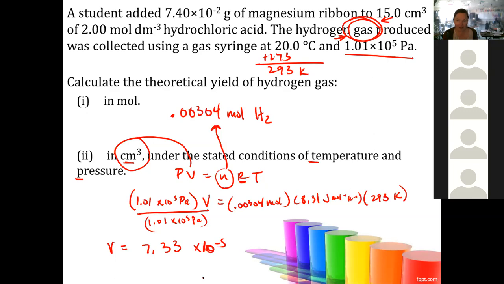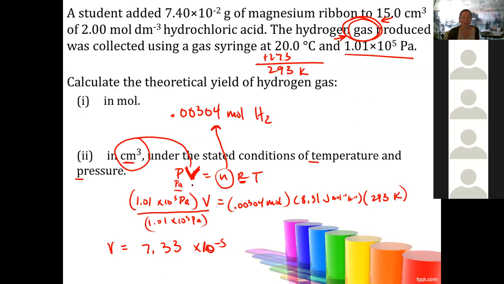What is my unit label? Cubic centimeters? Do I have cubic centimeters yet? Oh, no. Not quite. So remember that pressure is in pascals and volume is in, anyone remember what volume gives us?